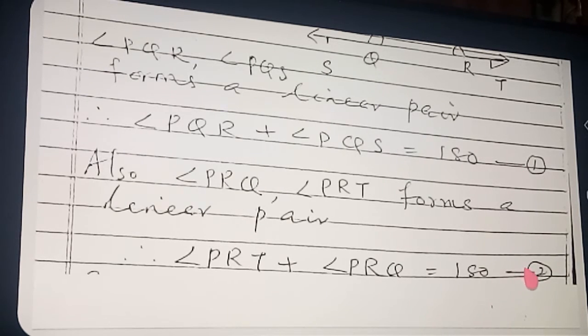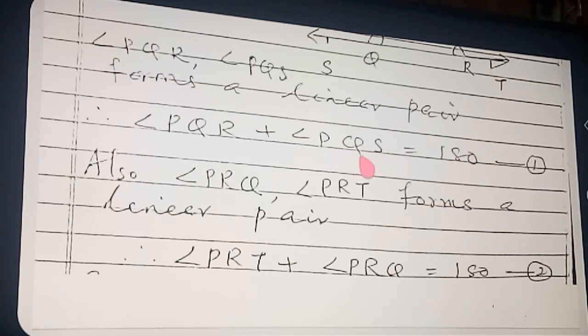Okay. Now see, in both the equations, can you find out anything? What can you find out? The RHS part is common. What is the RHS part? 180. This RHS part is common. So what can you say, the LHS also will be equal. So how are you applying? You have studied axiom number 1: things which are equal to the same things are equal to one another.